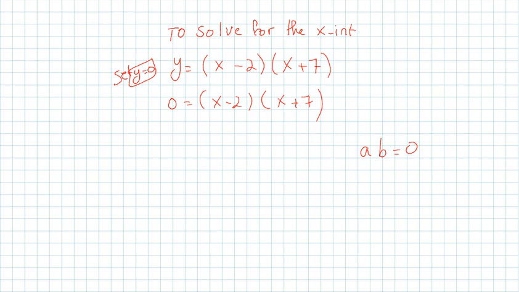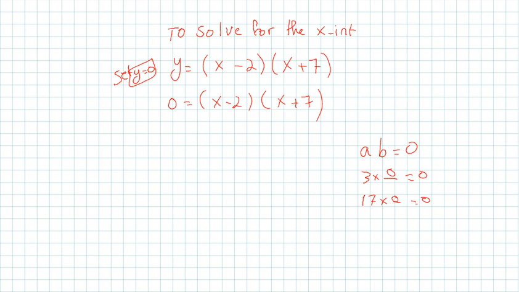The value of a has to be 0 in order for a times b to be equal to 0, right? When you multiply something by something else and get 0, one of them has to equal 0. So if I have 3 times something equal to 0, what would that something be? 0. If I have 17 times something equal to 0, what would that something be? 0. So either a or b has to equal 0 in order for me to get a 0 answer. Do you guys agree with that?